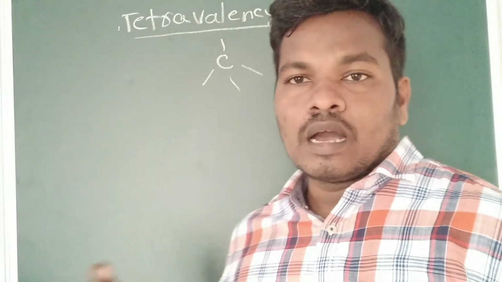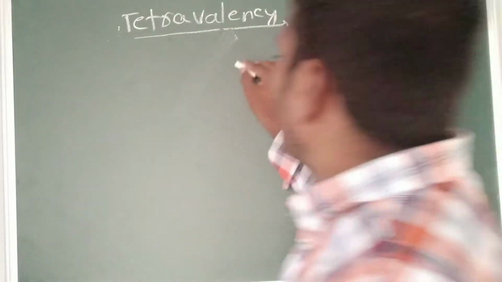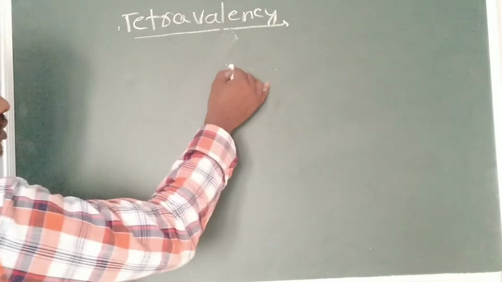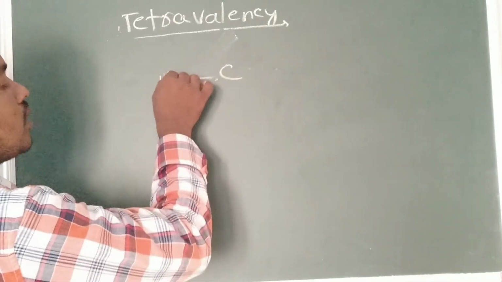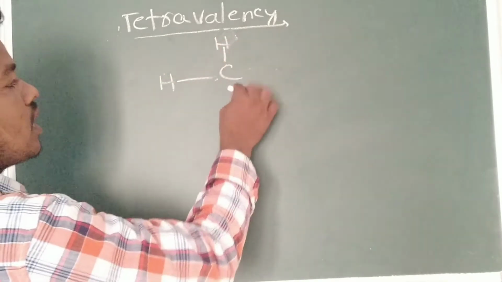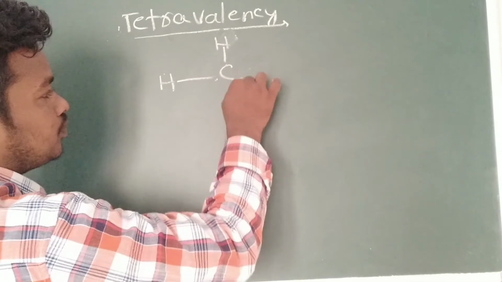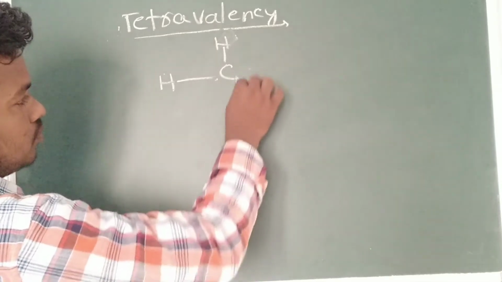If you see the structure of methane, there is 1 carbon and 4 hydrogens. Two of them are in the plane, another one is a wedge line towards the observer, and the next one is a dotted line. Dotted lines mean away from the observer, and the solid wedge is towards the observer.